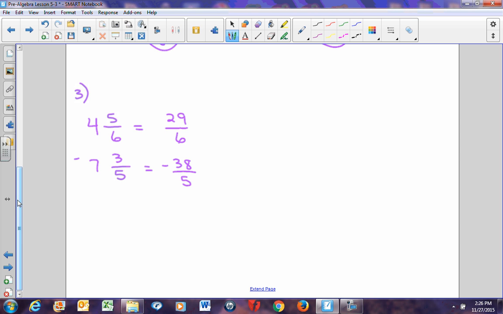Common denominator between 6 and 5 is 30. So I'm going to make both of these 30ths. 6 times 5 is 30, so I'm going to multiply 29 times 5, which will be 145. 5 times 6 is 30, so I'm going to have to multiply negative 38 times 6, which will be negative 228. Now I have 145 minus 228.